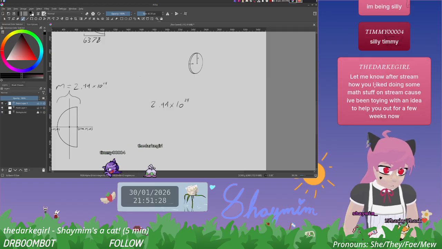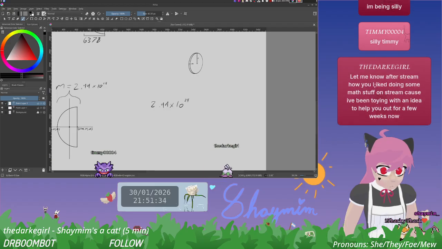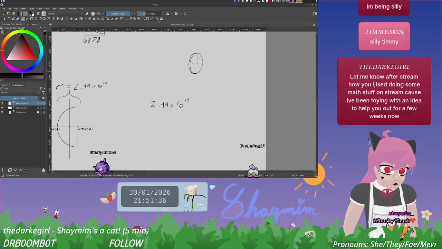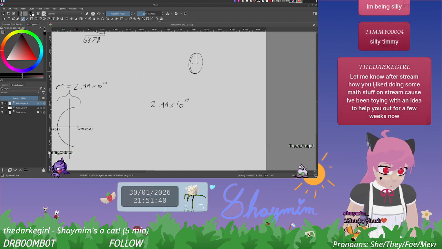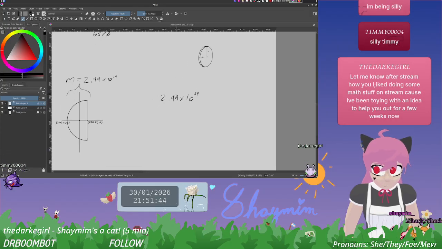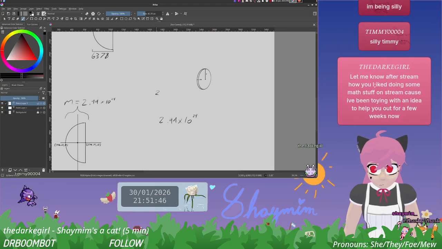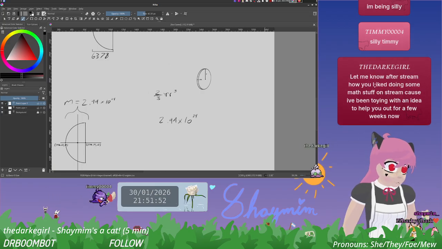Two-thirds pi r cubed. So 2 pi r cubed is the volume of the hemisphere.